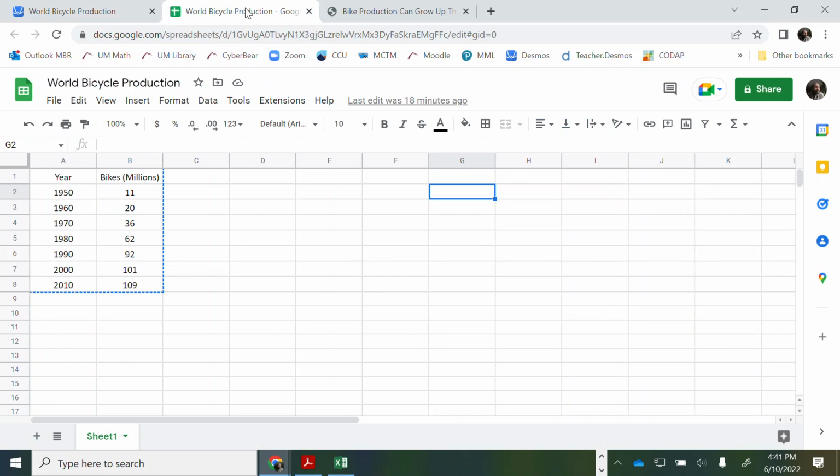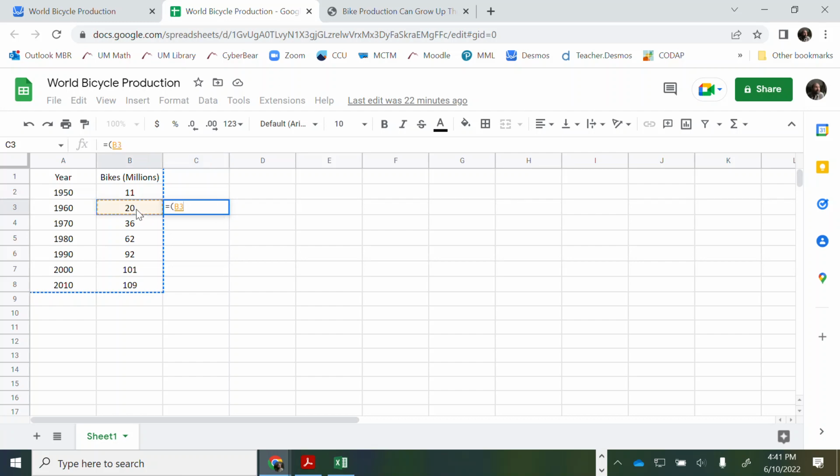But let's talk about how you could just let Excel, or in this case Google Sheets, calculate this. What I'm really asking is how much did this change per year across the 10-year interval? And of course, we know that to find the slope, we just do rise over run. The way you can make calculations in any spreadsheet software is to start with an equal sign. That means I'm going to make a calculation, and then you can use the cell values.